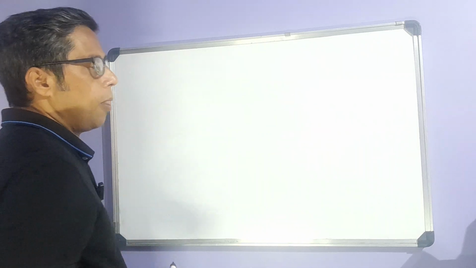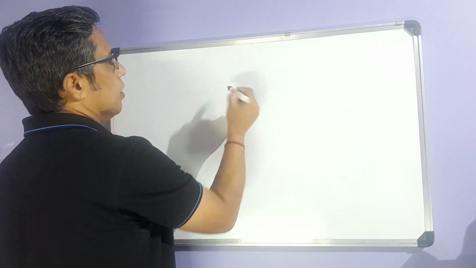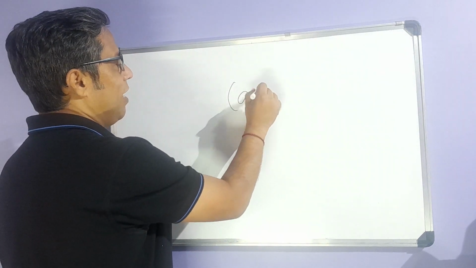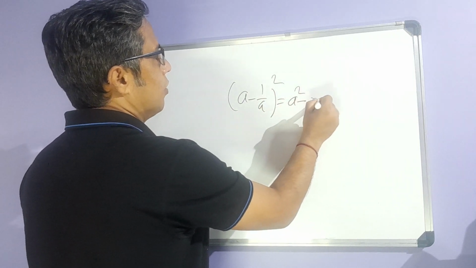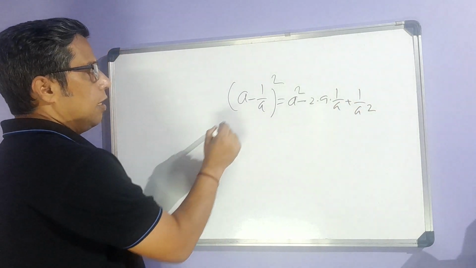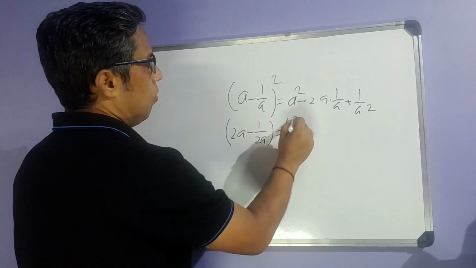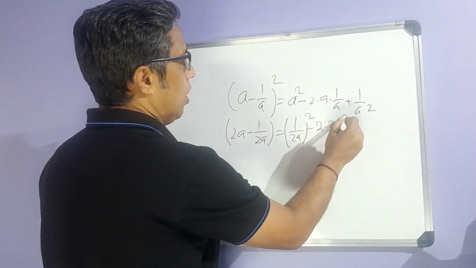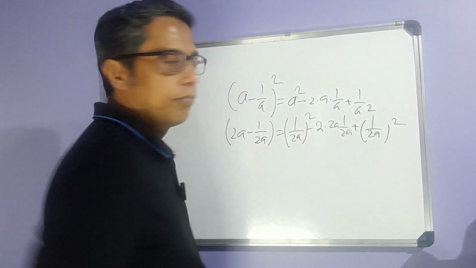Next are a few relations, like identities. So a plus b whole square I am not going to tell you, but a minus 1 by a whole square means a square minus 2 into a into 1 by a plus 1 by a square, right? Similarly 2a minus 1 by a whole square is equal to 2a square minus 2 into 2a into 1 by 2a plus 1 by 2a whole square.